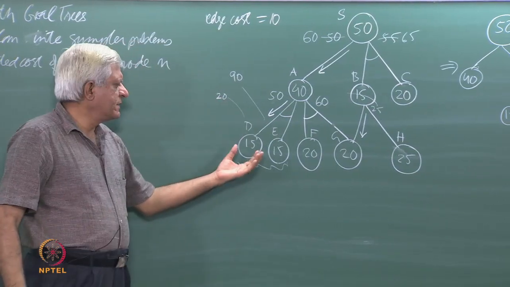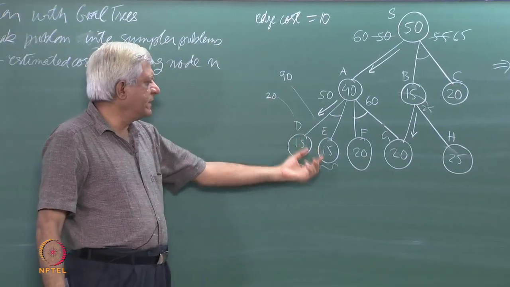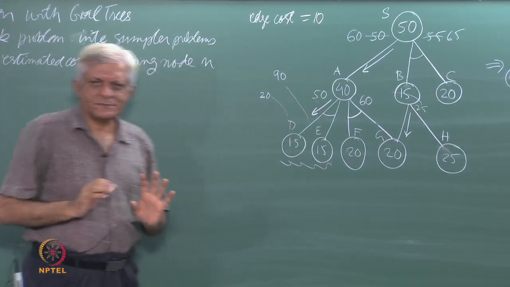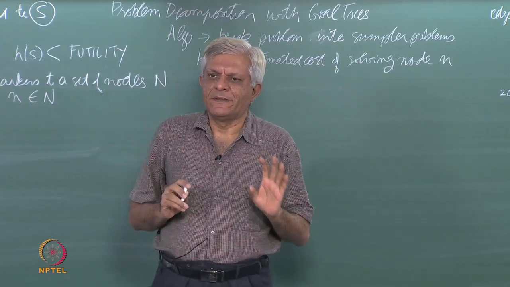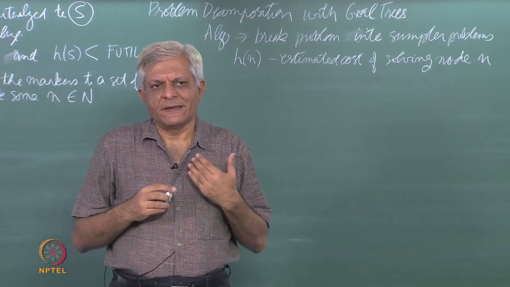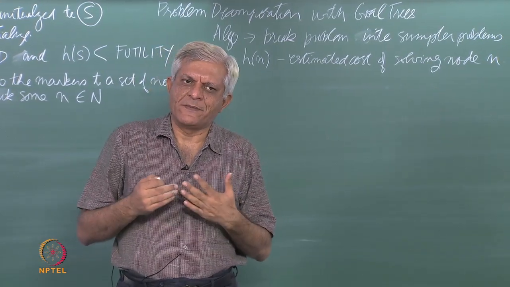Let us say that D had a cost of 20 and E had a cost of 90, then of course they look different. So, will it matter if I pick D or if I pick E?